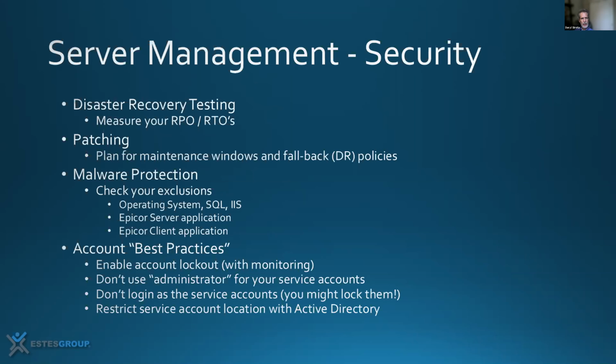But without knowing that number, you can't really provide to management those specific numbers, because when you tell them, well, we might lose 24 hours of data, and I've never done a disaster recovery before, so if it takes you less than 3 days to bring your server back from bare metal because you've never done it, 3 days is not a bad RTO. Now, you might not be able to afford to be down for 3 days.